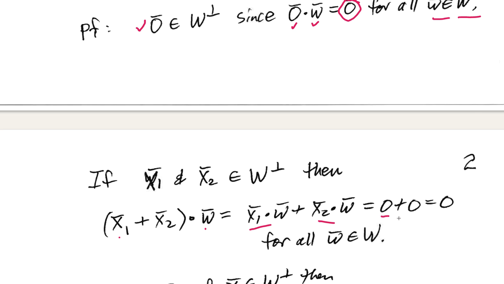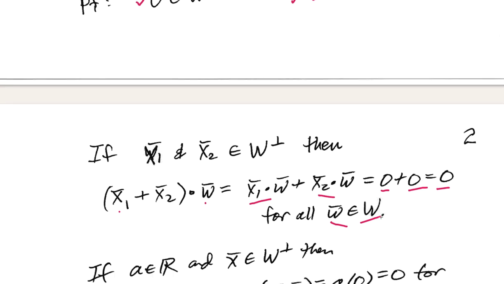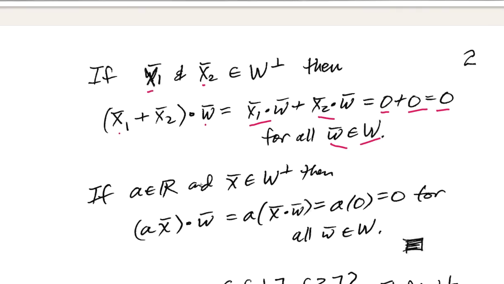Both of those have the value of 0, so their sum is going to be 0, and that's going to be true for all w bar in the subspace W. Keep saying sample space like it's stats or something. Subspace. So then what does this mean? This means it's going to be closed under sums.